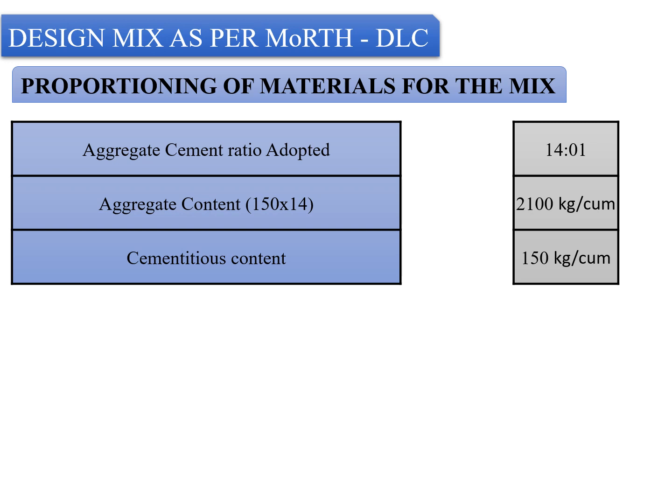So the aggregate cement ratio helps you quantify the total aggregate quantity in the mix. If the aggregate to cement ratio is 13:1, then the total aggregate quantity will be 150 into 13. If the aggregate cement ratio is 10:1, then the total aggregate quantity will be 150 into 10, which is 1500 kgs per cubic meter, and so on.